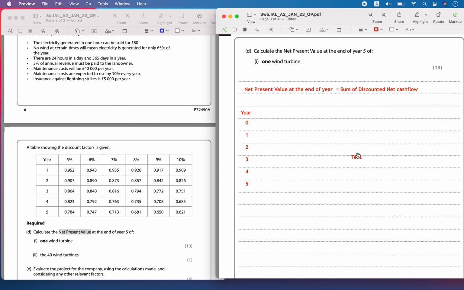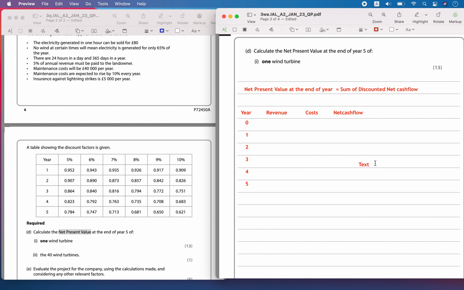Then after that you will include revenue. Revenue minus cost will give me the net cash flow. So revenue, then I will have some costs incurred, and then your goal is to calculate the net cash flow.